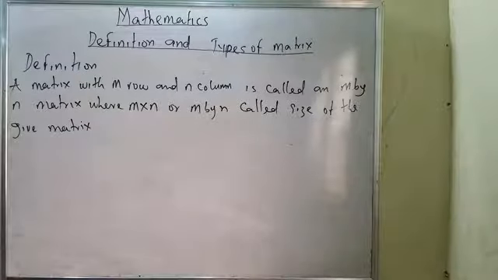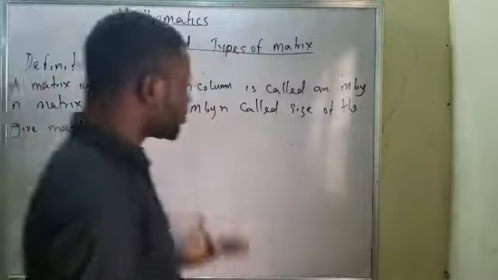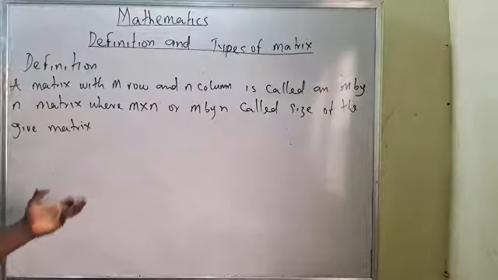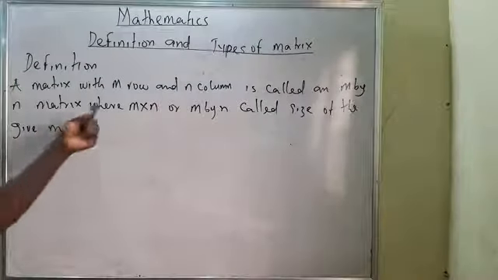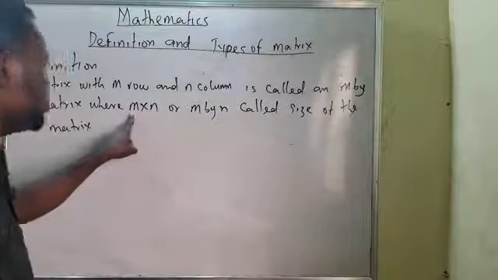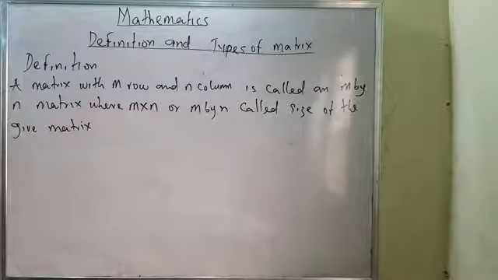That is what I mean. Now, it means when we talk about a matrix, you have to consider what? The order, which is m by n. M is the row, while n is the column.